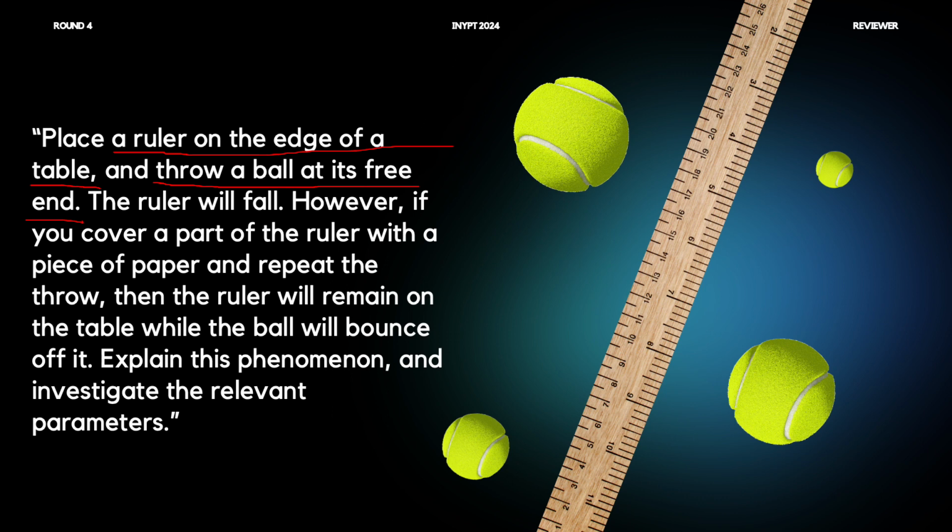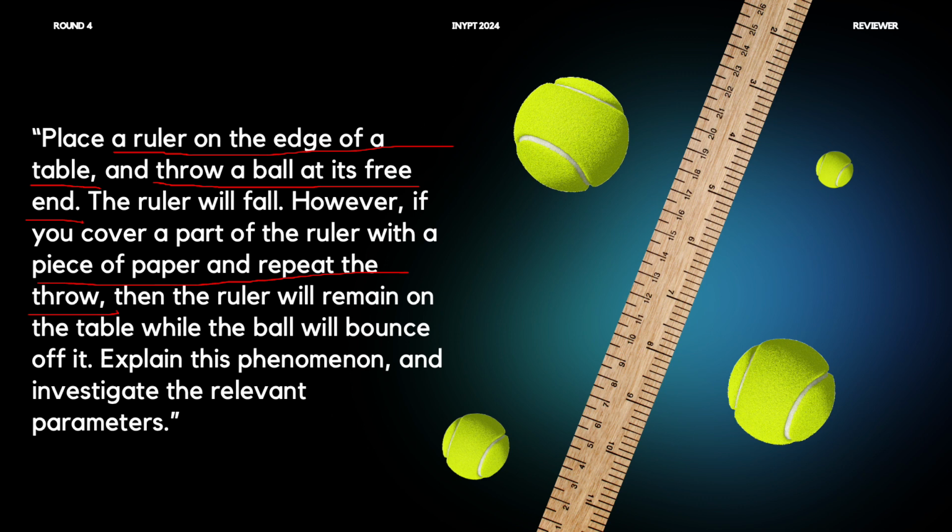However, in the second part of the experiment, which is where we will be investigating more, we will be covering a part of the ruler which is on the table with a piece of paper, and we will be repeating the throw. And in this case, the ruler should remain on the table while the ball will just bounce off it.